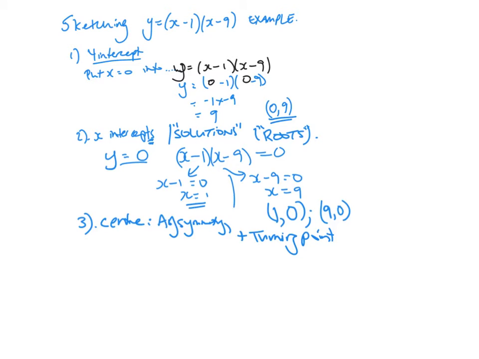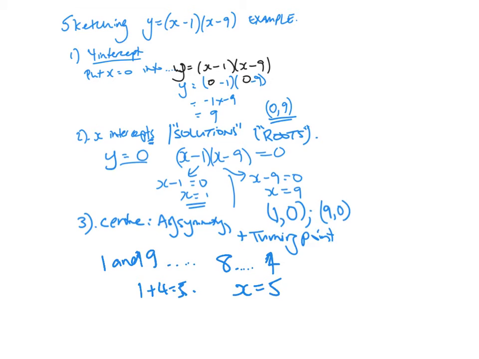So that's halfway between 1 and 9. There's a distance there of 8, 9 take 1 is 8. Halfway is going to be 4, half the distance. So we can just go 1 plus 4 is 5. So that's the point where x equals 5, halfway between 1 and 9.